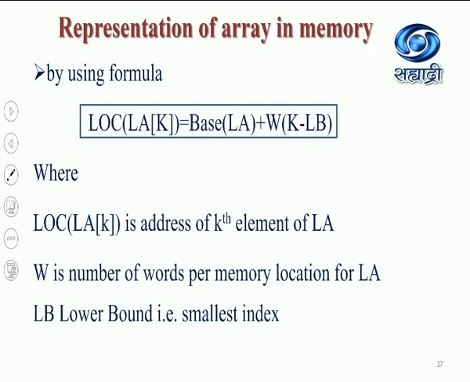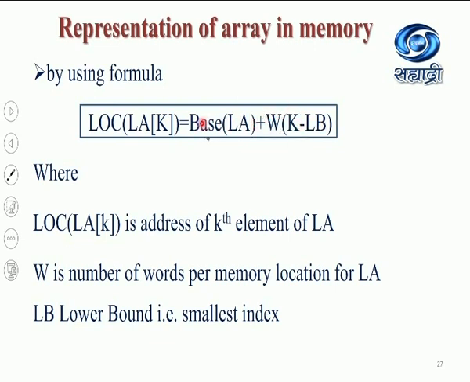I told you the data type is very important to find the next element's address. The number of bytes is stored by using that value W. So this is the formula to find the location of any element of the array: LOC(LA[K]) is equal to base of LA plus W into (K minus LB).